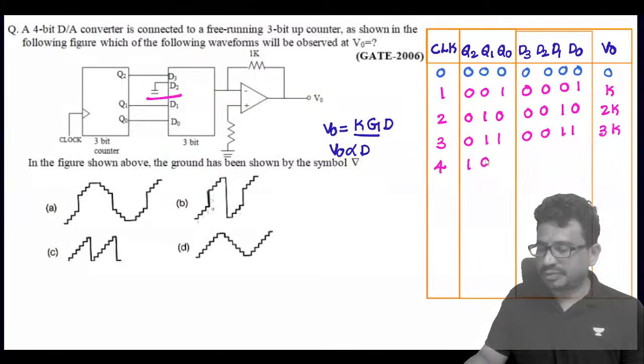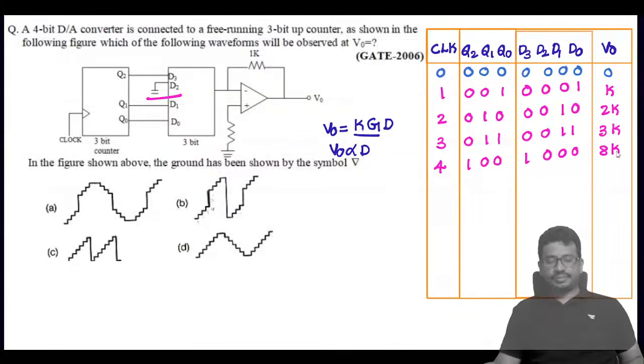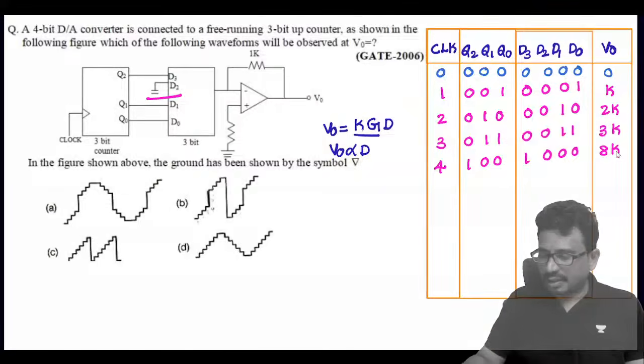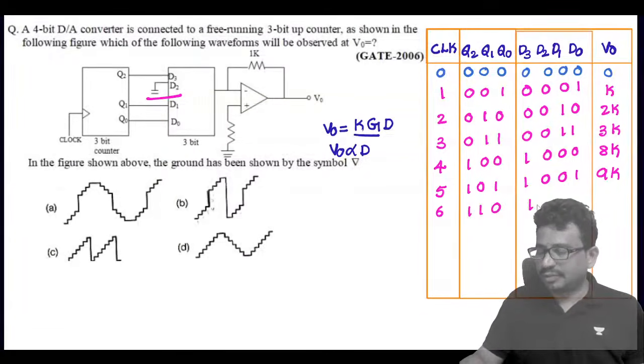Fourth clock 1, 0, 0, so how much will come? This is 8K, isn't it? Now the fifth clock, 1, 0, 1, so this is 9K. Sixth clock 1, 1, 0, so it will come to be 11K.